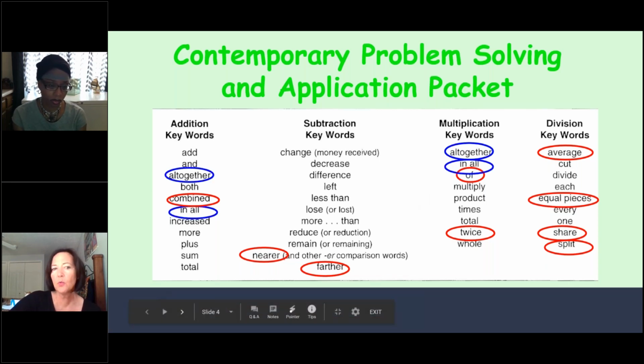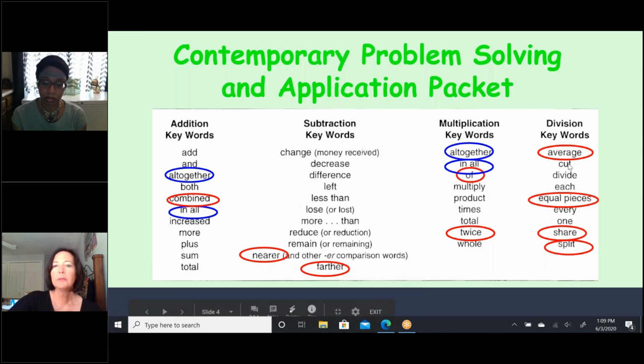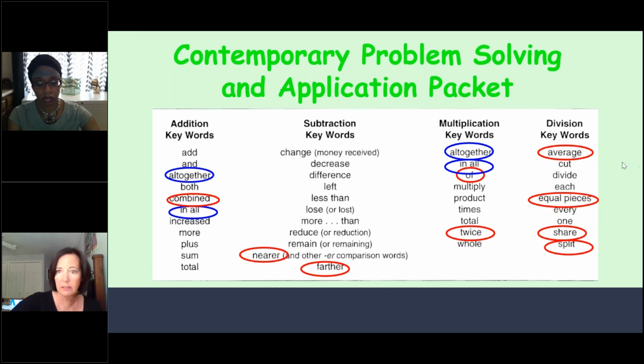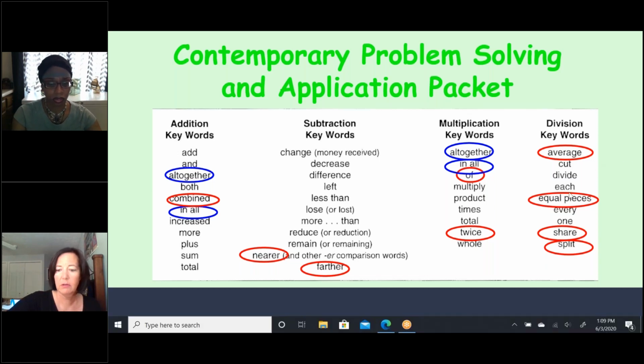And something I wanted to warn you about, you hear people say an addition keyword might be all together or in all, but those are really just words that mean that our numbers are going to get bigger. And so you will see those same words in addition and in multiplication problems. They are just terms. If it says, how many will you have all together, you expect your numbers to get bigger.